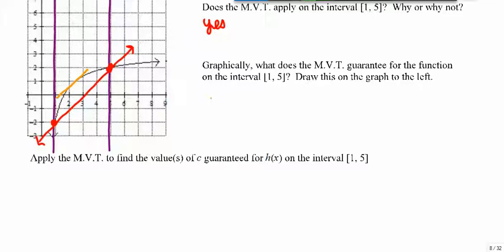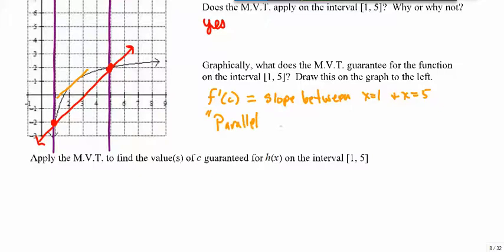So f prime at some value will equal the slope between x equals 1 and x equals 5. You're guaranteed that. And so it's going to be a parallel slope, because the slopes are the same.